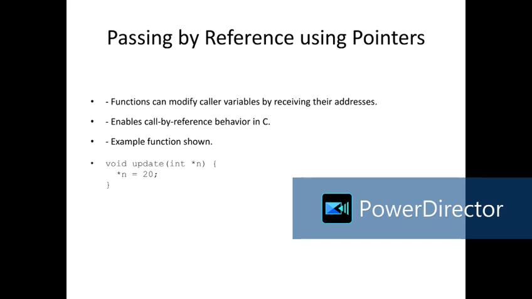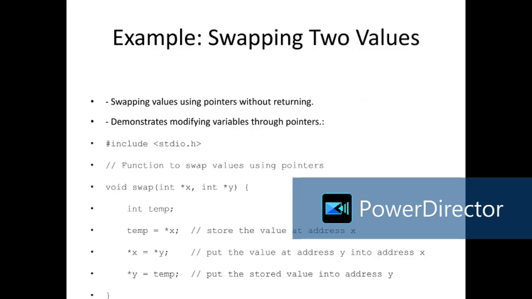We can now understand why every serious C program needs pointers for function interaction. Example: swapping two values. This is one of the most popular pointer use cases.